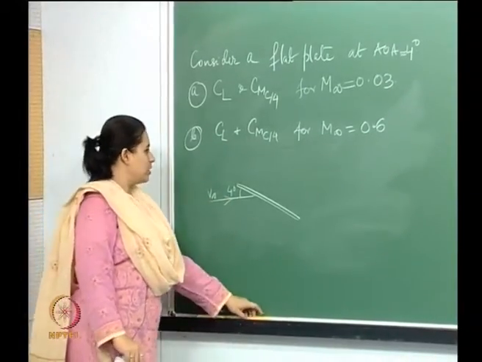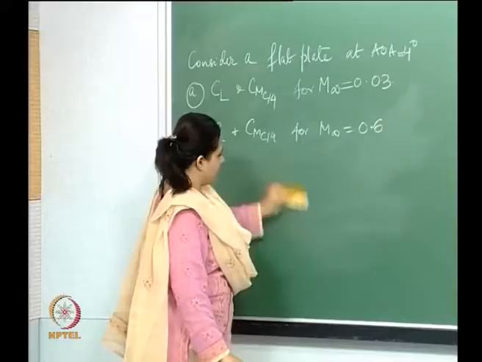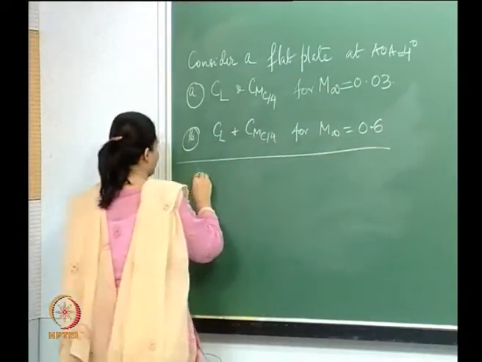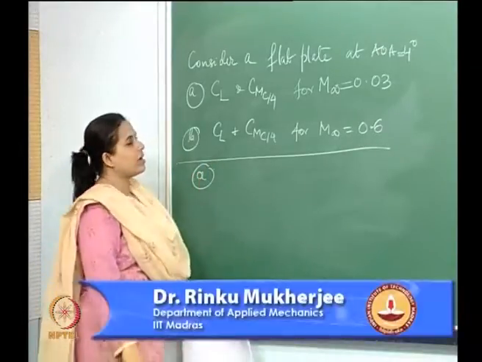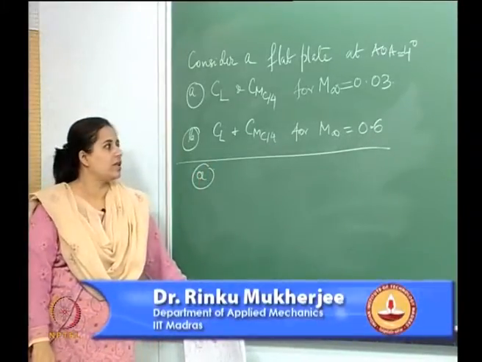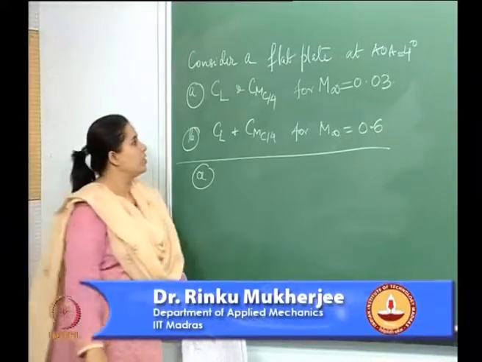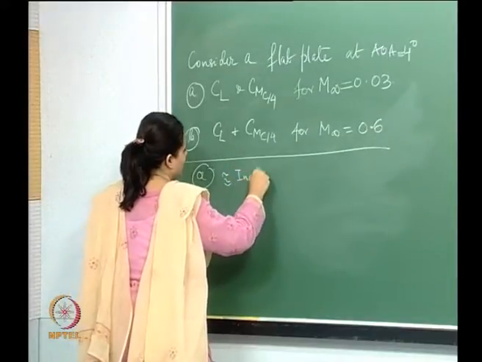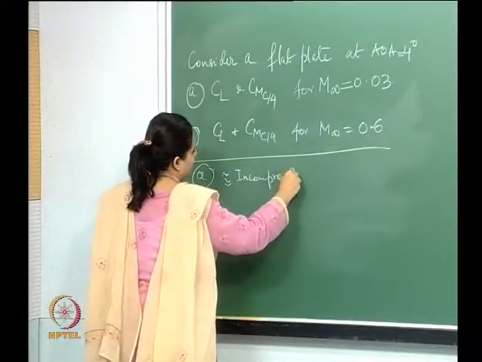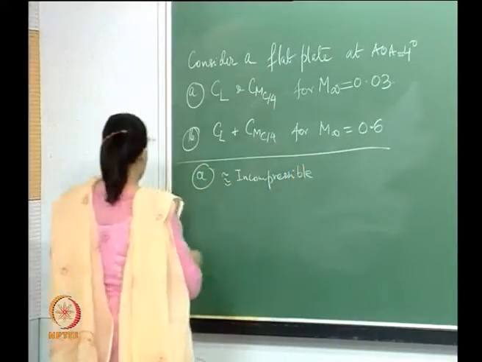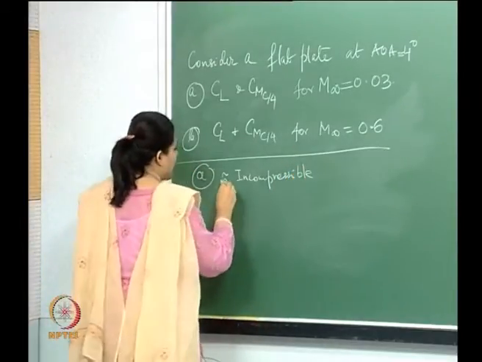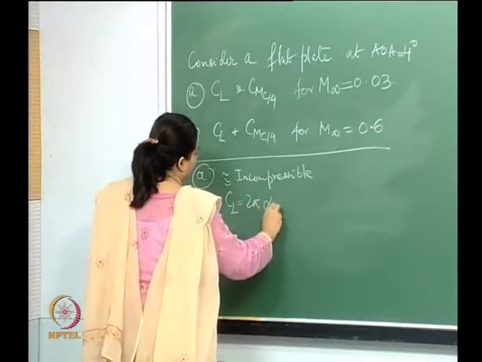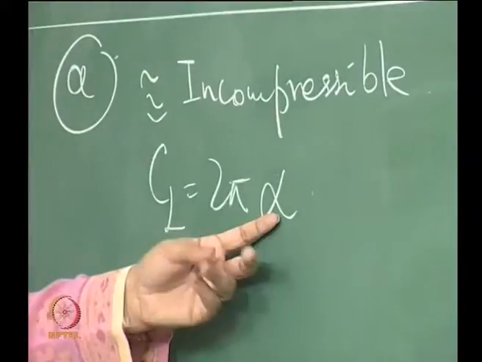How do we go about this? Well, Mach number 0.03, we can regard that as incompressible. So, in this particular case, A, we can say this is incompressible. And if that is so, then your CL becomes 2 pi alpha, where alpha is your angle of attack.